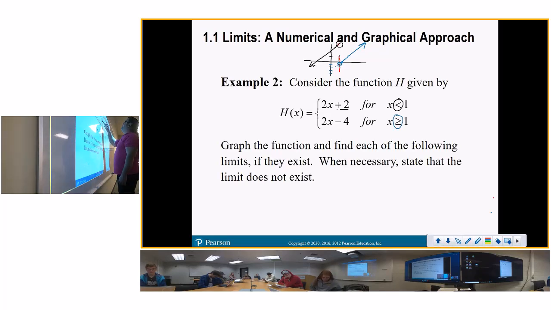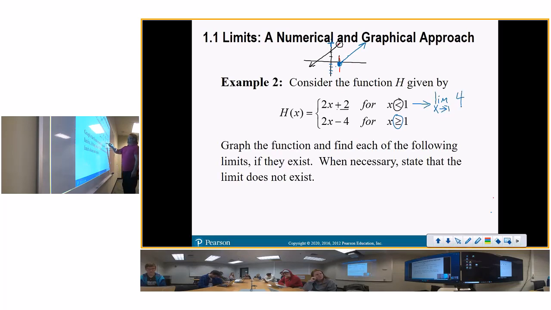Close. All right, somebody tell me what the limit is as x approaches 1 from the left. What is my limit? Well, let's plug it in. What's 1 times 2? 2. 2 plus 2 is 4.